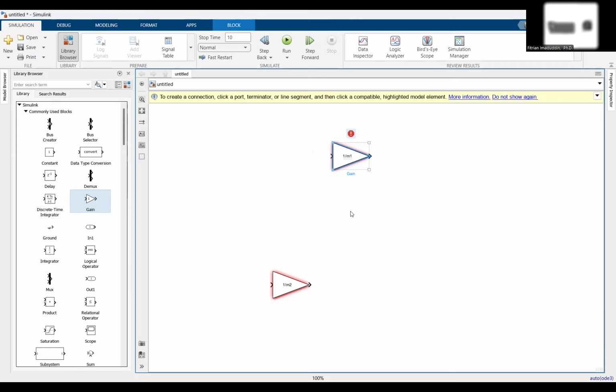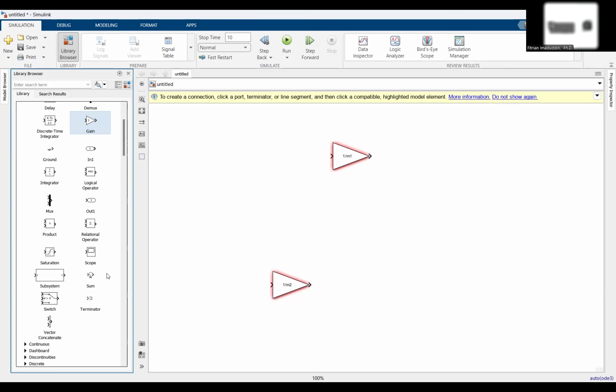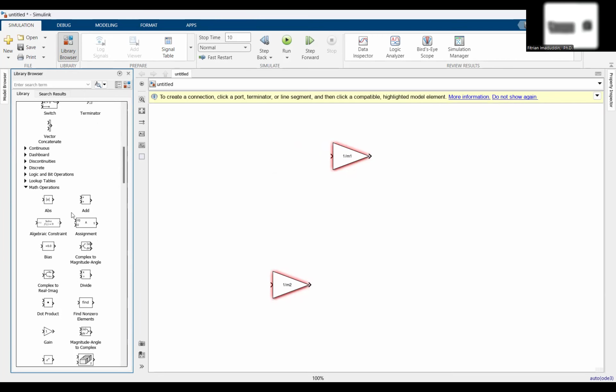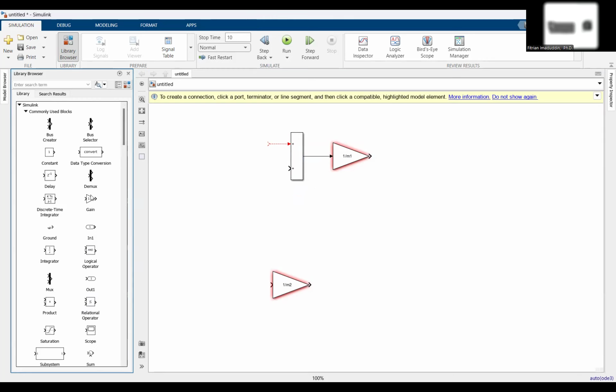So I need to have the term in math operation, addition; the results of this arithmetic operation will define the k2 x2 and (k1 plus k2) x1. So this should be the result of k2 x2. So I will put again the gain here.